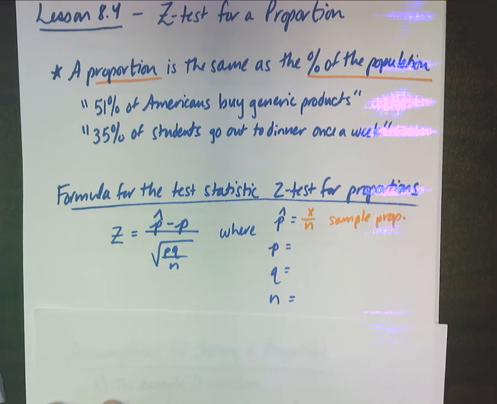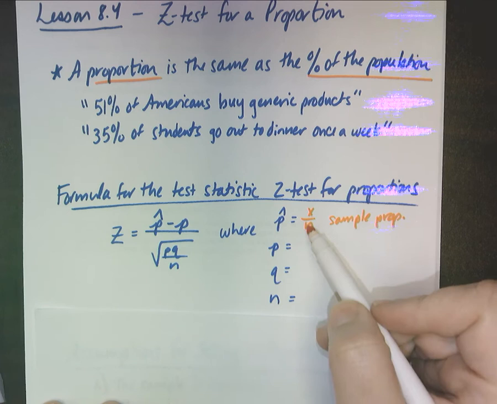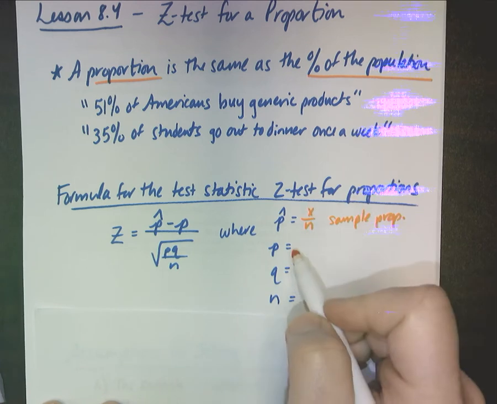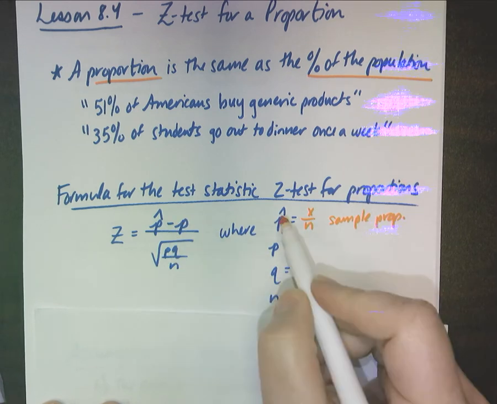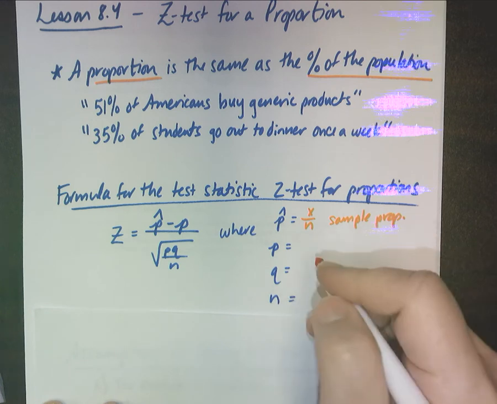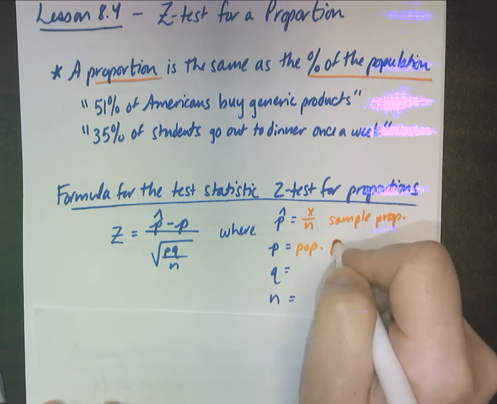Out of 50 kids, 13 of them said they like chocolate milk. Something like that. So that's 13 out of 50, x over n. P, this p without the little hat on it, is the population proportion.